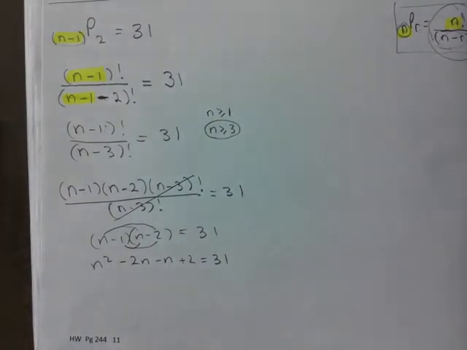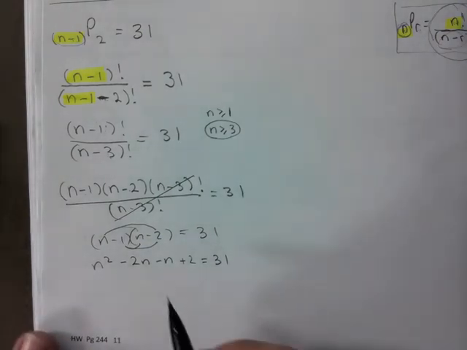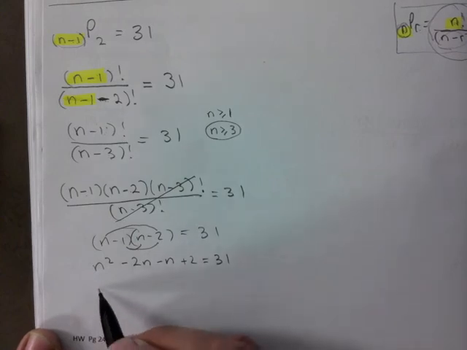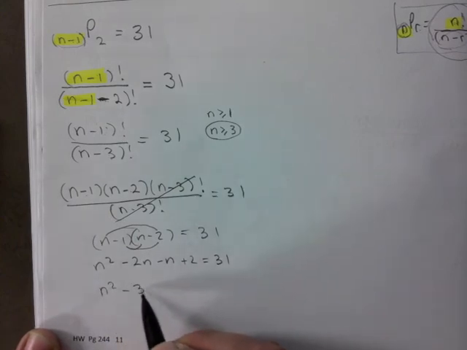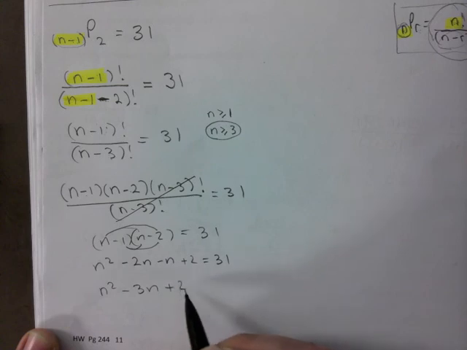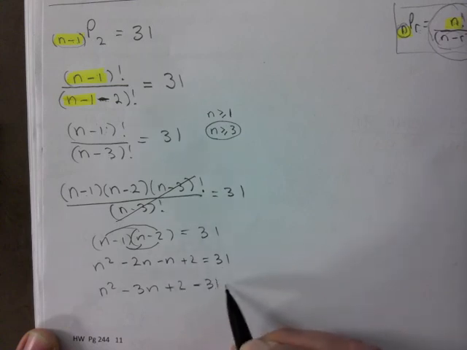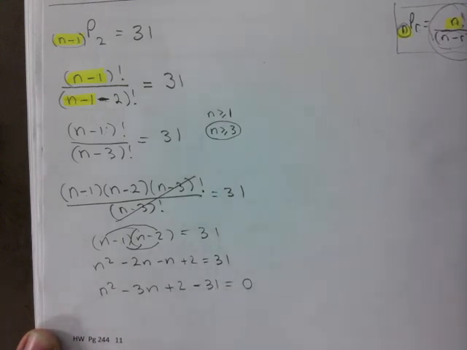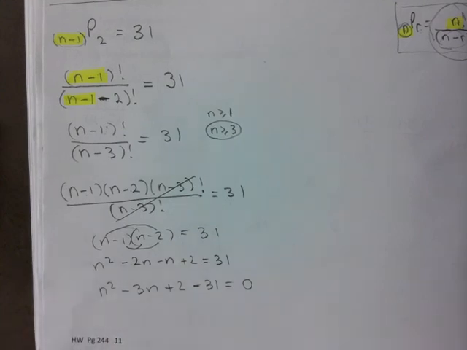Because it's a quadratic, you bring everything over to the left or to the right, whatever you want to do, but you have to have equals 0 on one side. N squared minus 3n plus 2 minus 31 is equal to 0. Hold it. I made a mistake on my original.